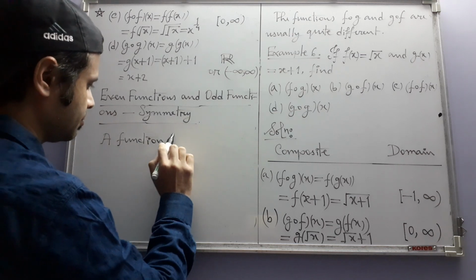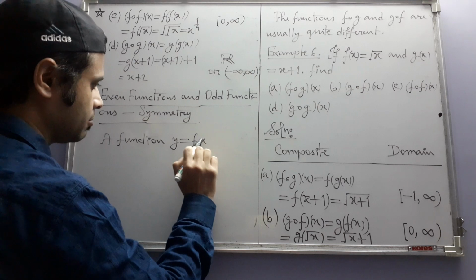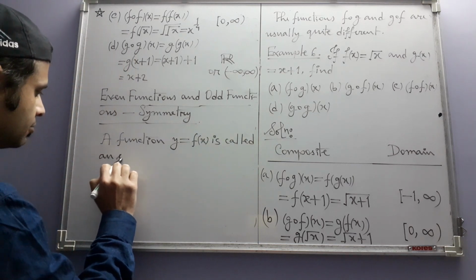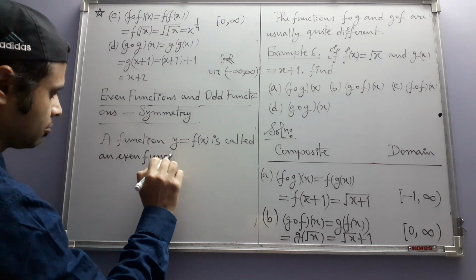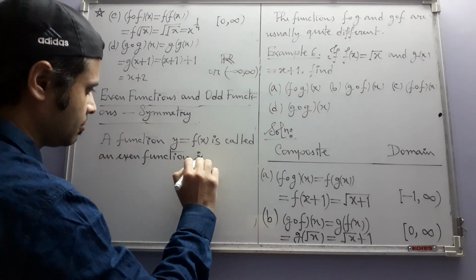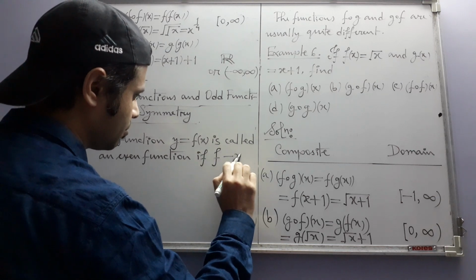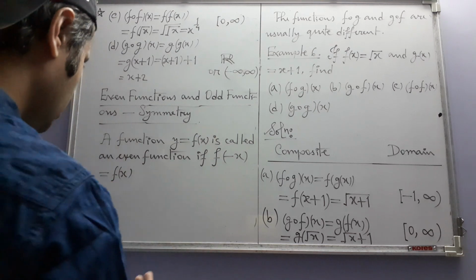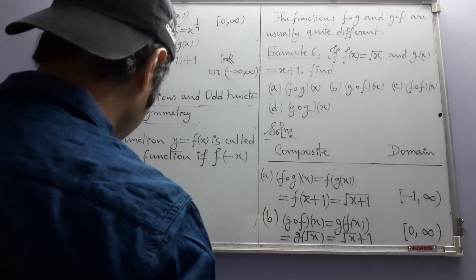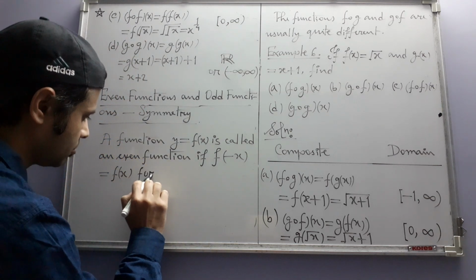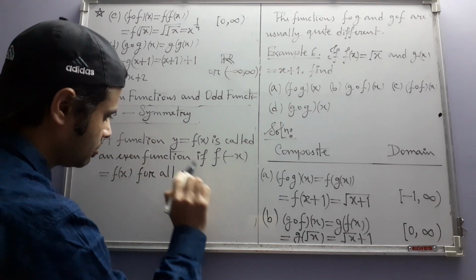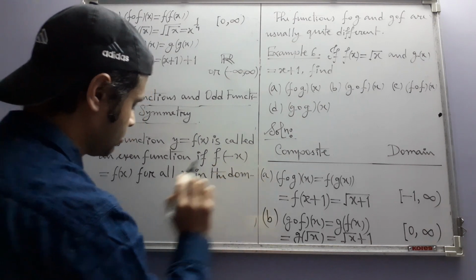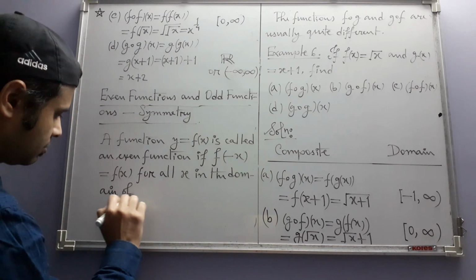A function y equal to f of x is called an even function if f of minus x is equal to f of x for all numbers x in the domain of f.